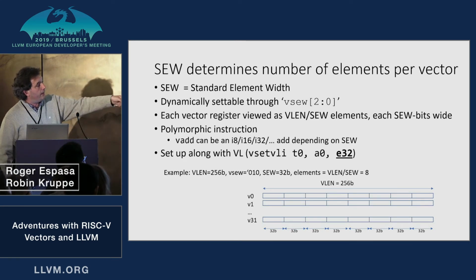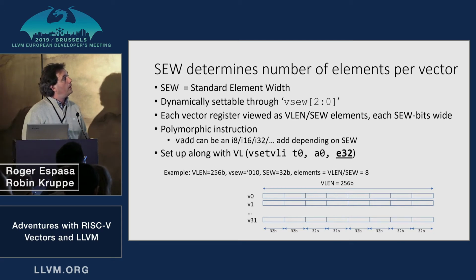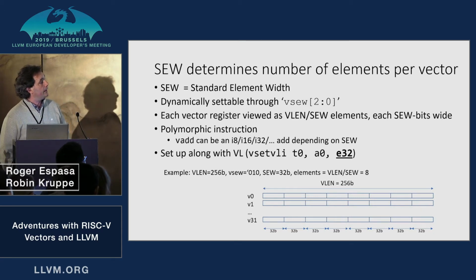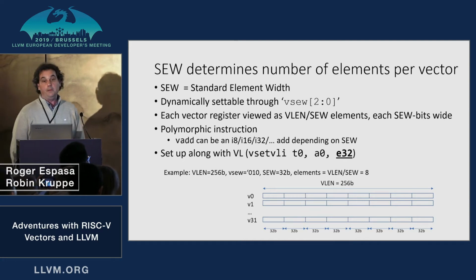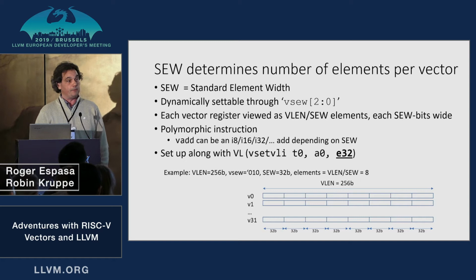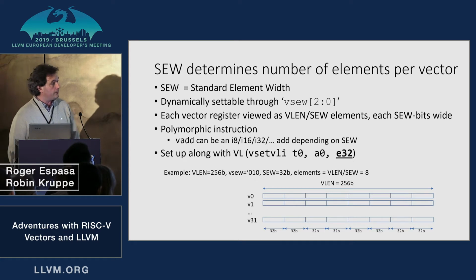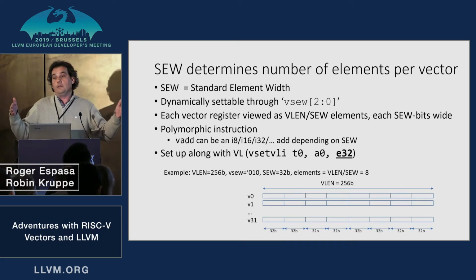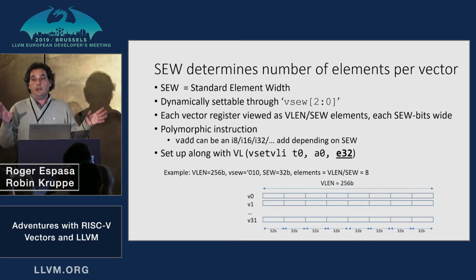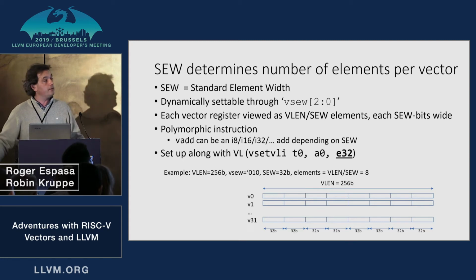SEW, you have a picture there and an example. Maybe we'll work backwards because you guys read faster than I can talk. In the example below, someone decided to build a vector extension with 256 bits, and at the particular instant we're looking at, the programmer set SEW to 32 bits, so you would look at this vector register as containing 8 elements of 32 bits. How many elements? VLEN divided by SEW tells you your maximum vector length, the number of things in your vector.